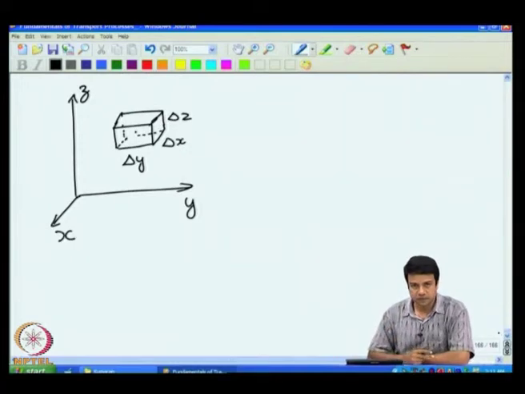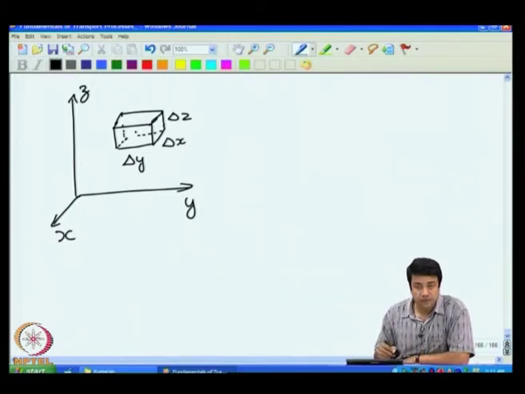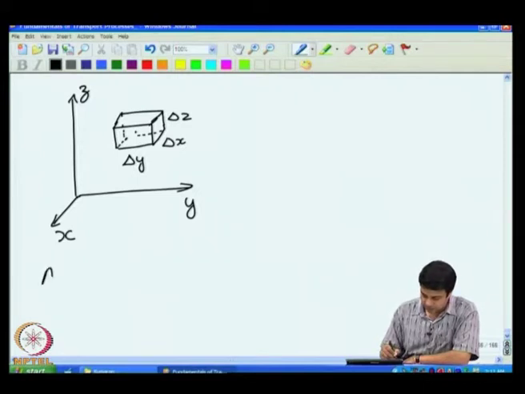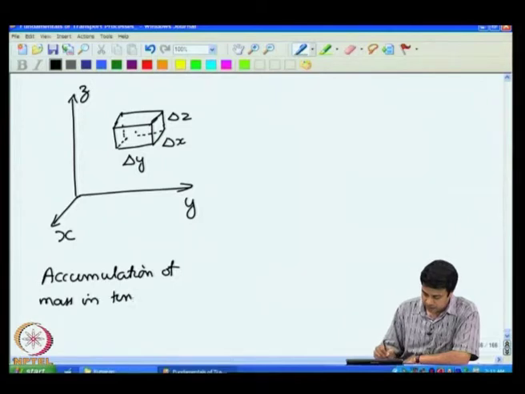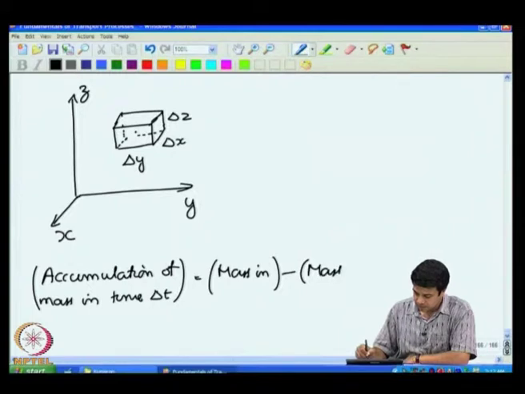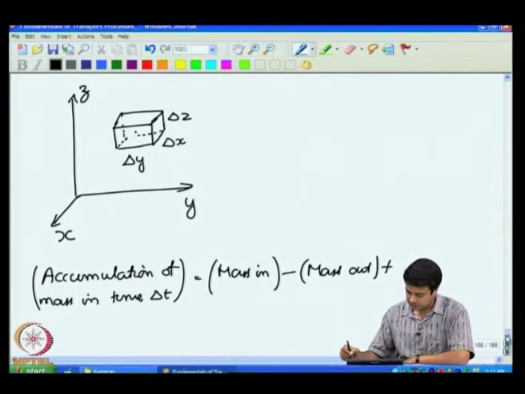Now, for this differential volume, what is the conservation equation? Okay. If I am considering the mass conservation equation, right. So, the equation will be accumulation of mass in time delta t is equal to mass in minus mass out plus any sources or sinks that may be present.